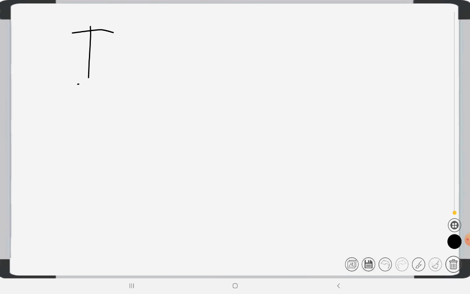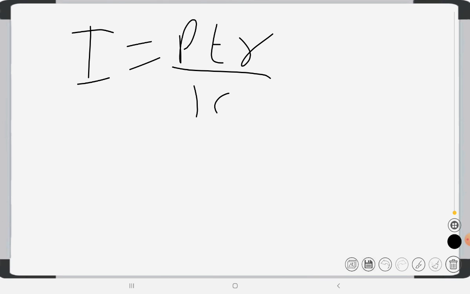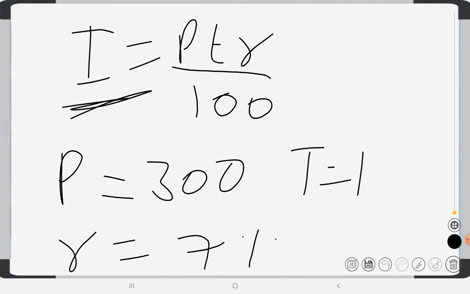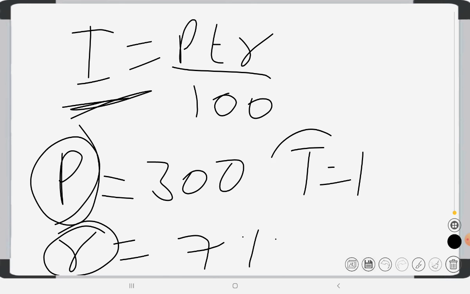Now the formula is I is equal to PTR by 100. If I gave a man 300 rupees for a time of 1 year and the rate of interest is 7%, how do we find the interest? It is pretty simple. Don't worry about it. We know the P value, the R value, and the T value.